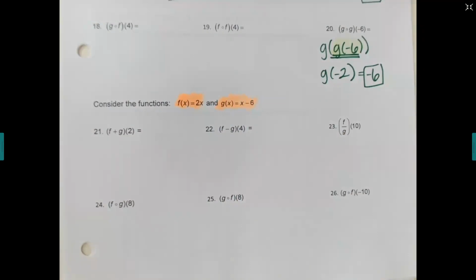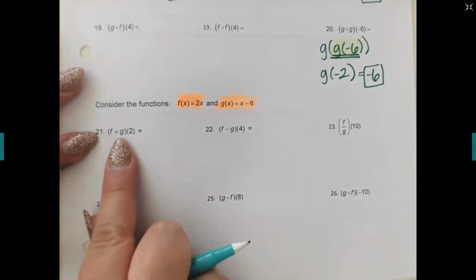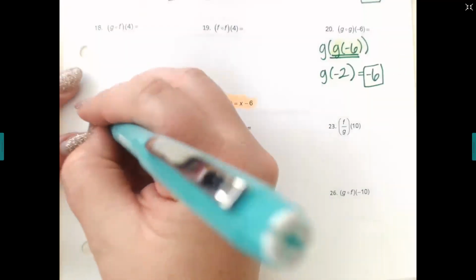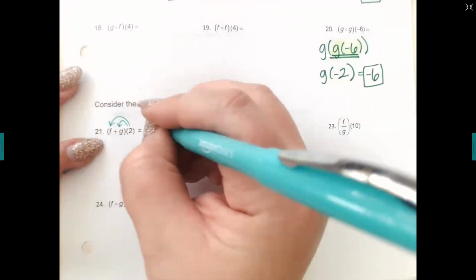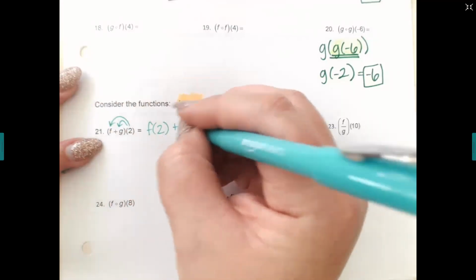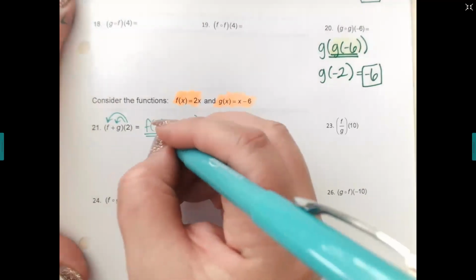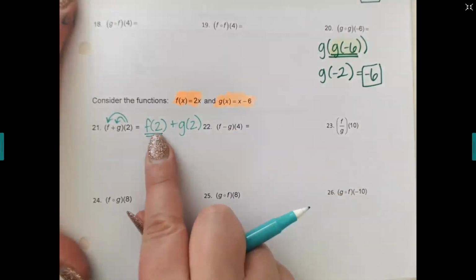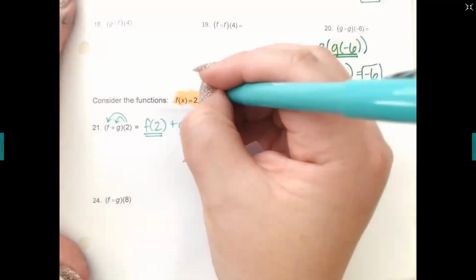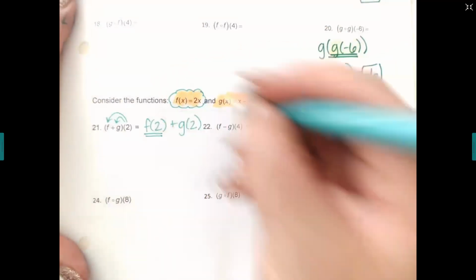So let's say that I'm doing number 21. Then I want F plus G of 2. Then I'm going to share the 2 with both. So now I want F of 2 plus G of 2. You should know this from Algebra 2, but just in case you don't remember, F of 2 means to take the number 2 and plug it into the F formula.